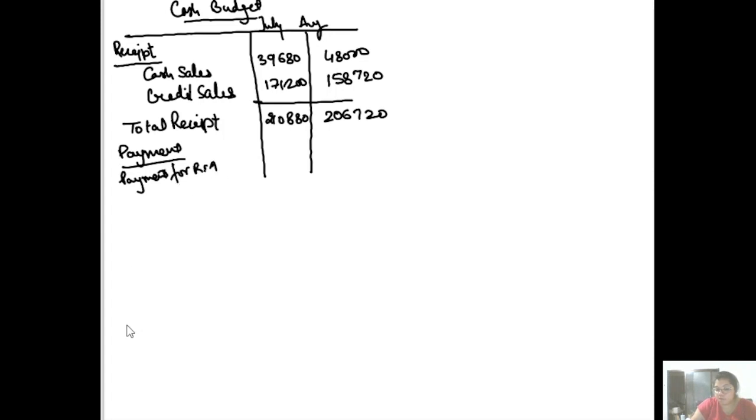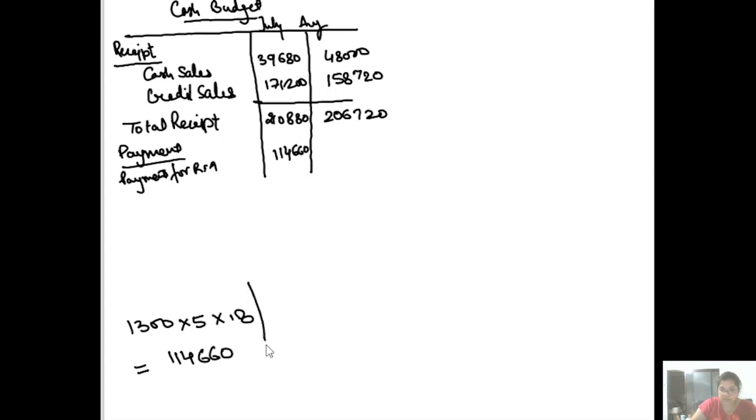For raw material in the month of July it is 1,300. For 1 unit you need 5 kilo, and how much dollar for 1 kilo? $18. So from here you'll easily find out your 114,660 as a payment for raw material.